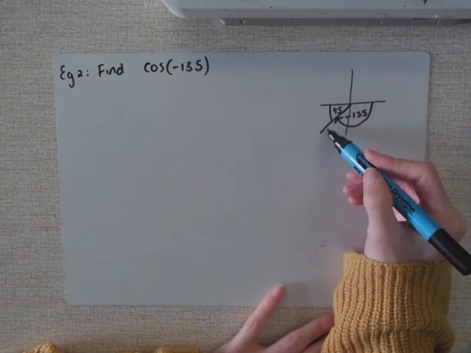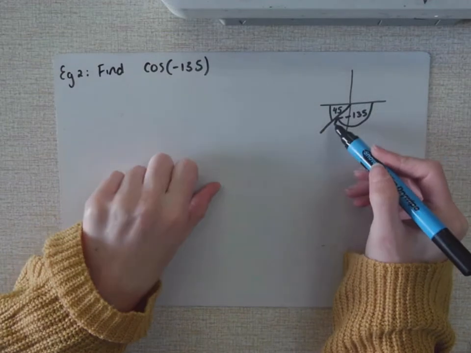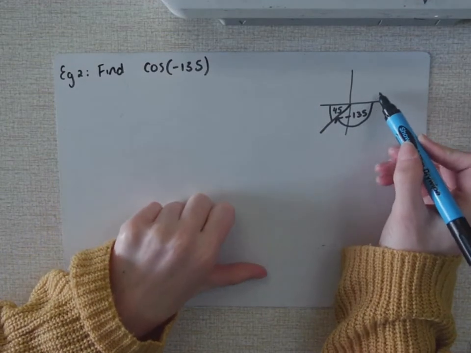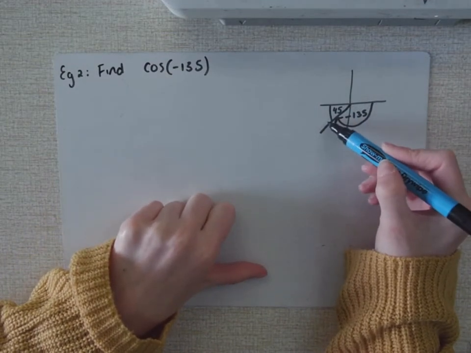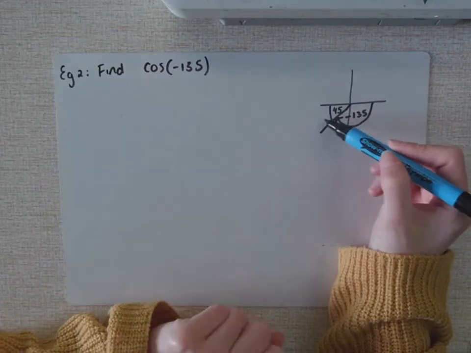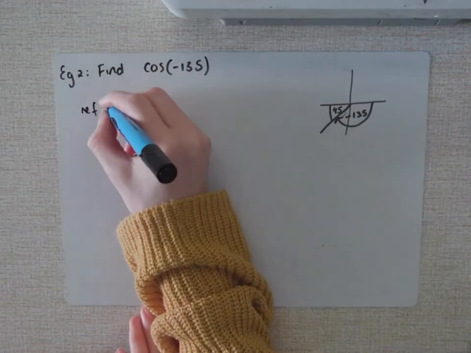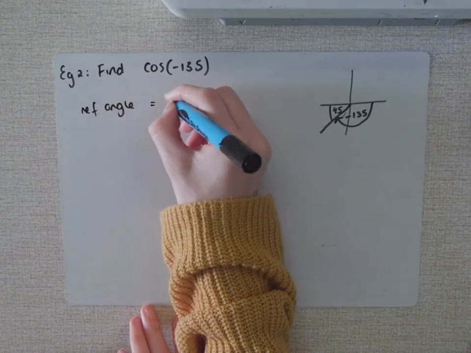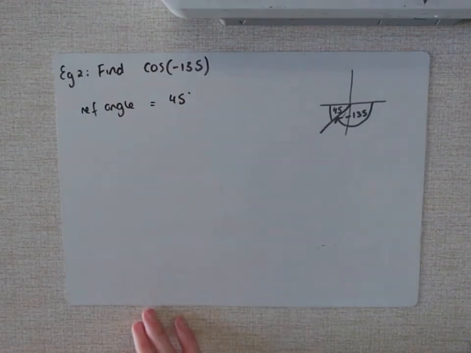So, cos of minus 135 is actually the same as cos of 225. Okay? So we're interested in the reference angle 45. Okay?